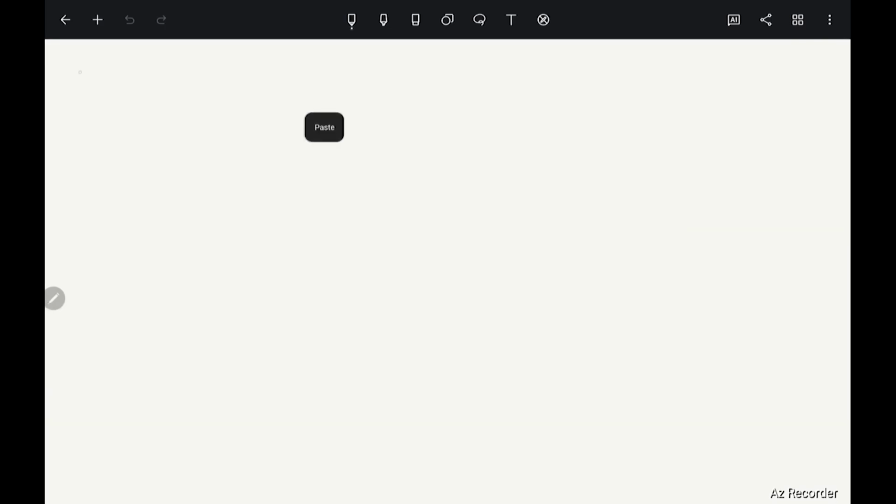So let's say a matrix P is beta, gamma, minus gamma, beta. That's the matrix given to us.